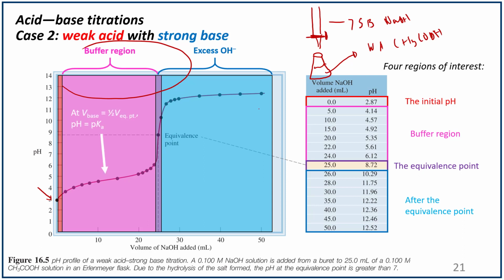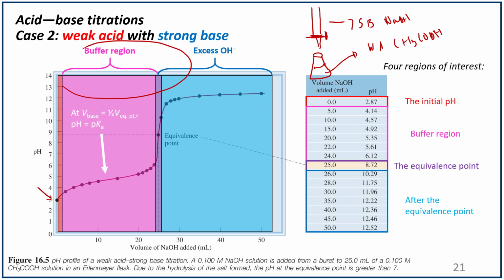At half the equivalence point, the pH of the solution is equal to pKa. In other words, here you have an equal concentration of the weak acid and, remember that when the strong base reacts with a weak acid, you will produce the weak conjugate base of the weak acid, for this case, acetate ions. So here there's an equal concentration of acetic acid and acetate ions.